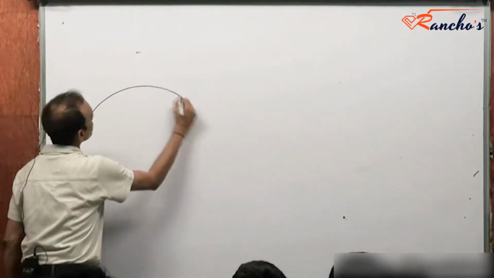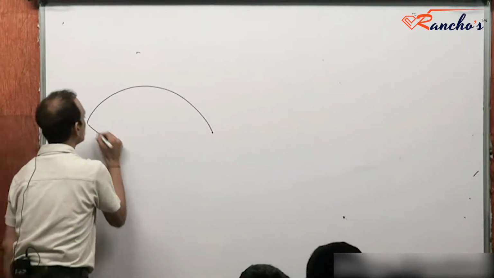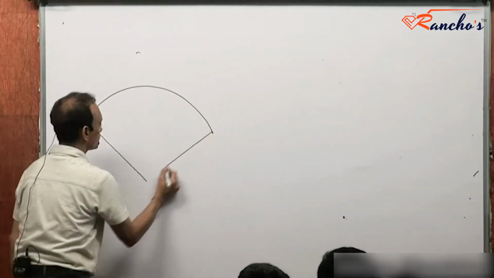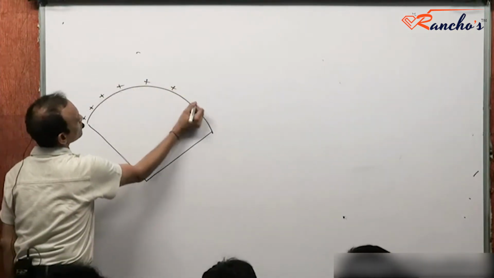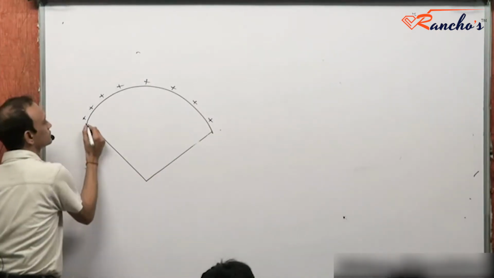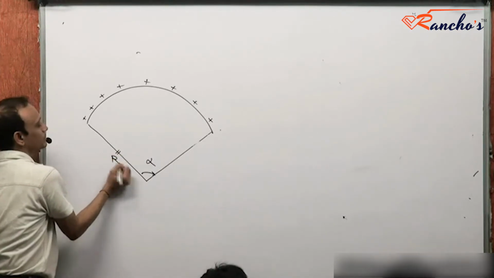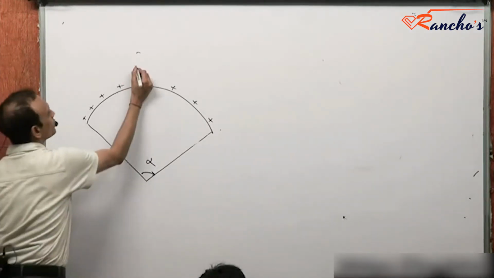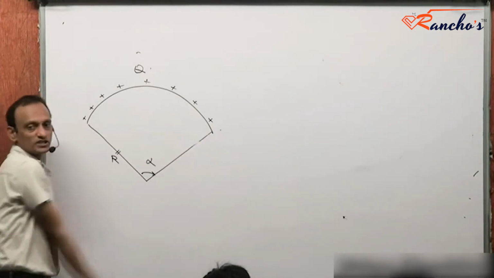Suppose there was an arc of a circle, and there was charge uniformly distributed over this arc. This arc subtends an angle alpha, radius r, and the total amount of charge on this is q, uniformly distributed.